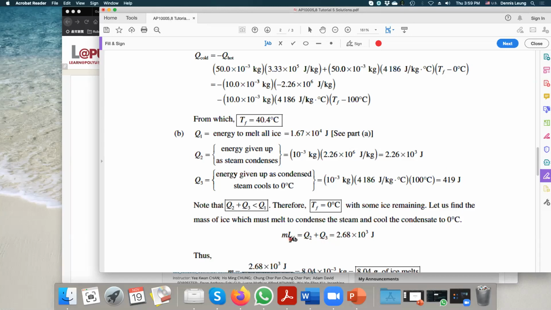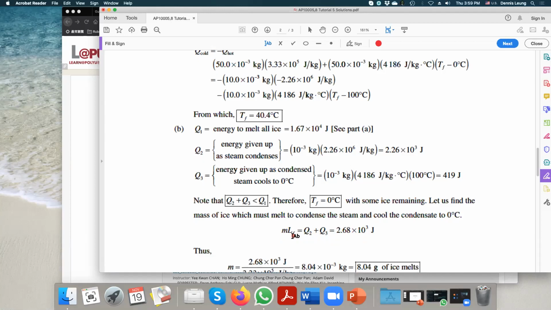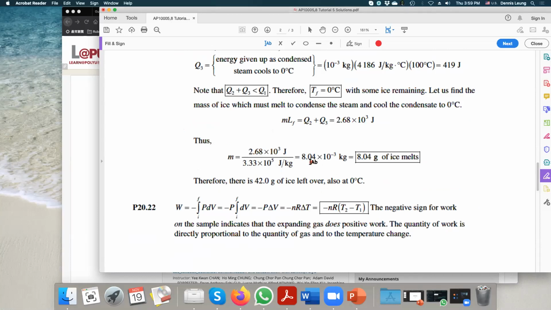And this would be the energy used for melting part of the ice. So that part of the ice is M, and the latent heat of fusion is L. So you would calculate that the amount of ice being melted is only 8 grams in this case. So there's still around 42 grams of ice left at 0 degrees Celsius.